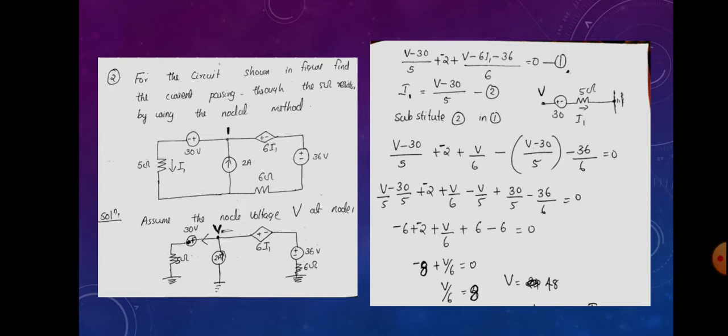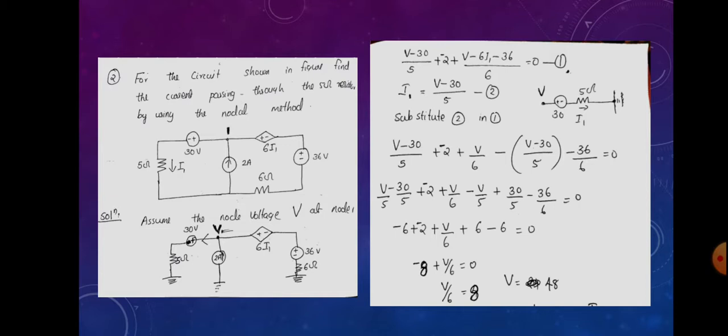So this is the node diagram, and next we have to solve by using Kirchhoff's current law. First of all we have to mark all the currents, and we are assuming that all the currents are leaving the node except the current from the current source. We can write the equations using KCL. First, consider the 5 ohm, 30 volt branch. The current through that branch is equal to (V minus 30) divided by 5.